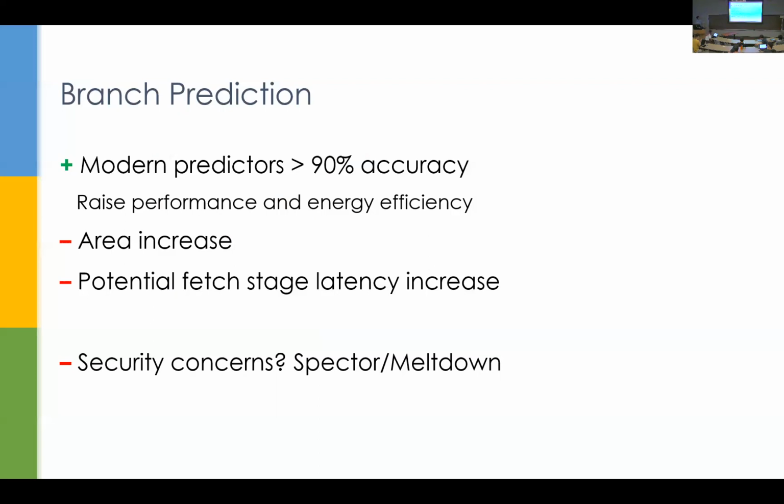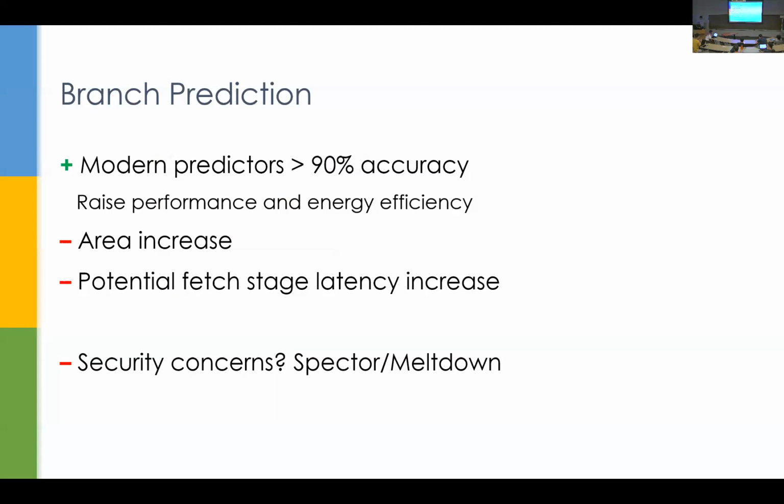The amount of transistors you need to be good at this on the hardware level significantly increases, to the point that it takes up a chunk of the chip, which we'll get to in a bit. It also increases the fetch stage latency, because if you get something wrong, then you have to go fix all of it backwards.